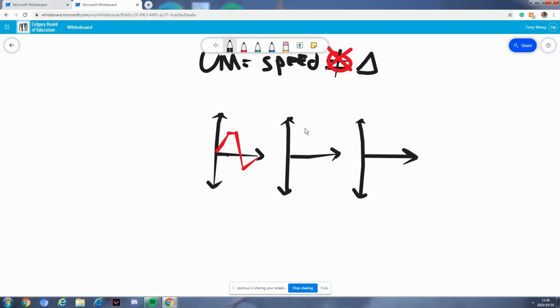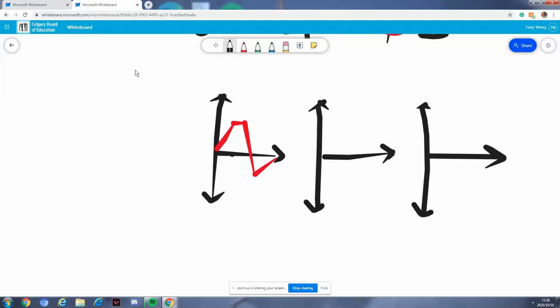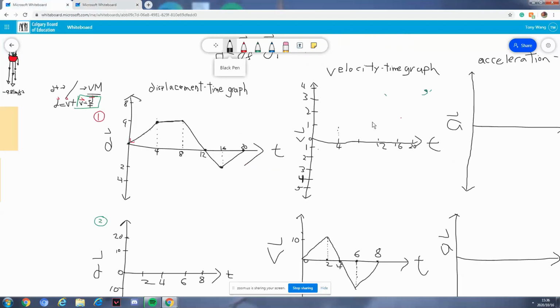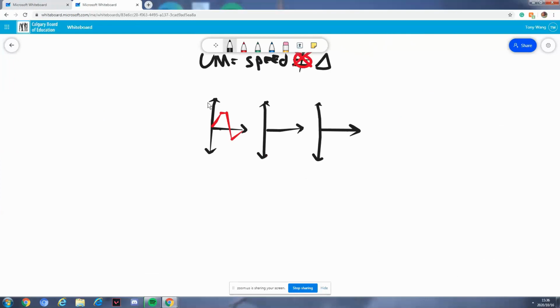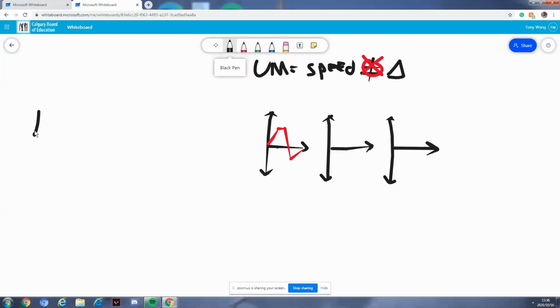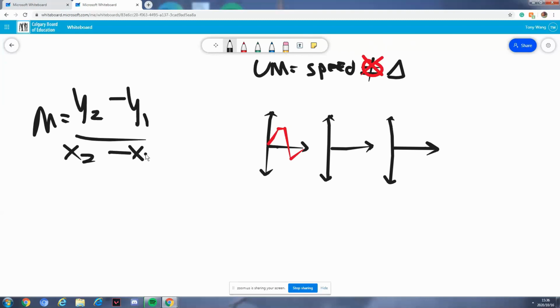Okay, so if we remember the formula, the way you convert from a DT graph to a VT graph is the slope, and the slope's formula is m equals y2 minus y1 over x2 minus x1. And these are corresponding points.